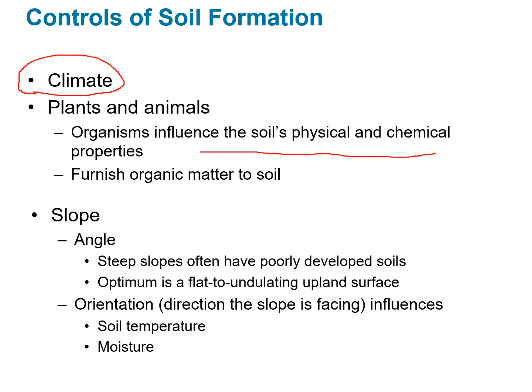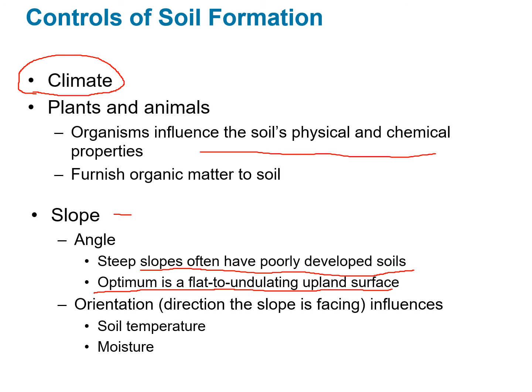Another important factor is your slope. Steep slopes have very poorly developed soils because they erode very quickly. The best case scenario is flat land or undulating land. So really slow, gradual hills would be great places for soil to form.